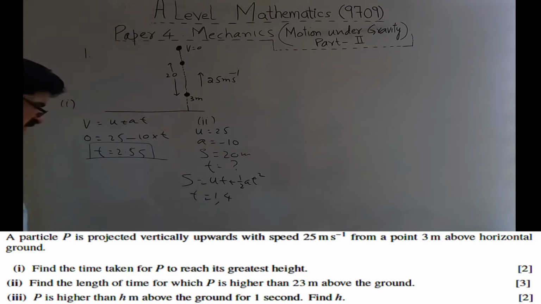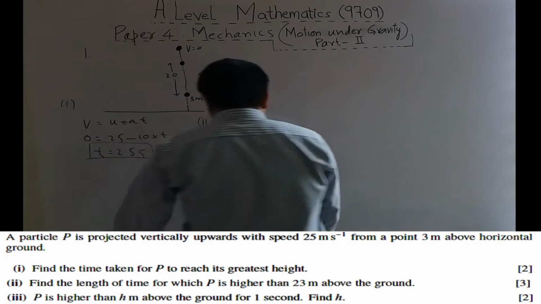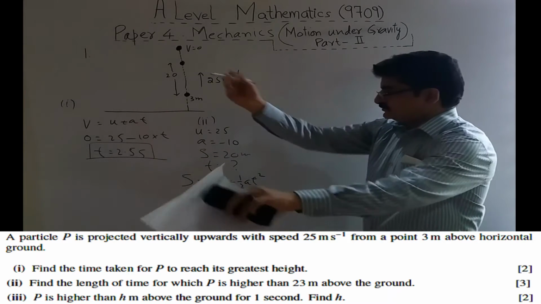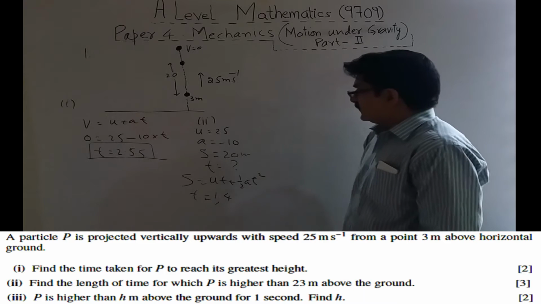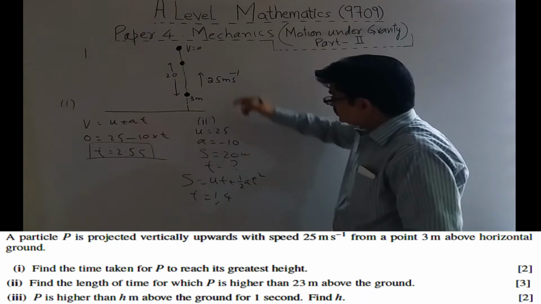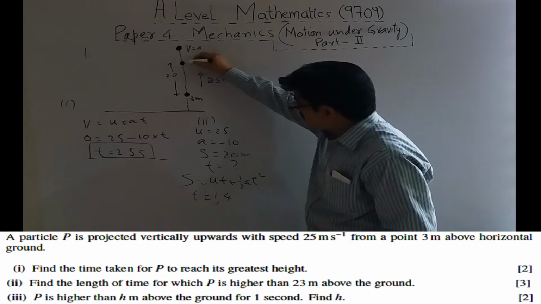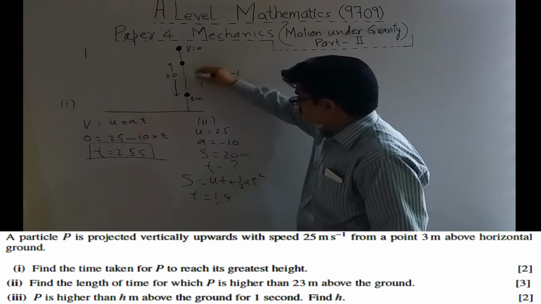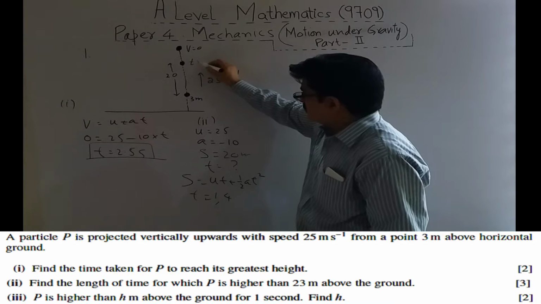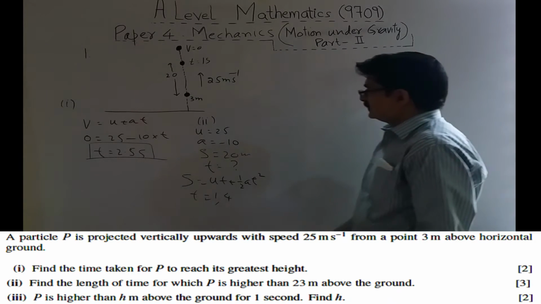and 4. Now this is again a very important situation. Understand it, it will be used again in other questions. What does this mean, 1 and 4? It means that the particle passes this point after 1 second. From this to this it takes 1 second.